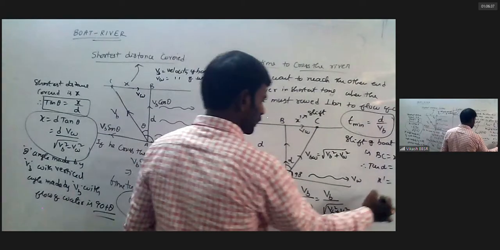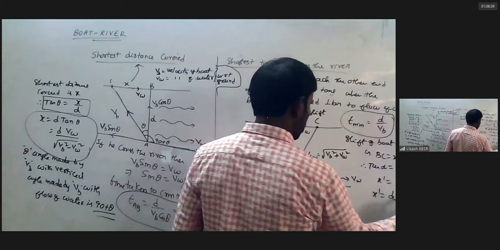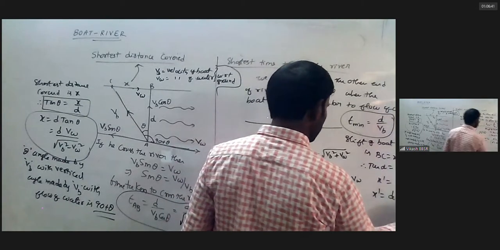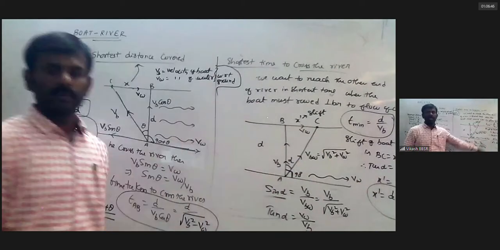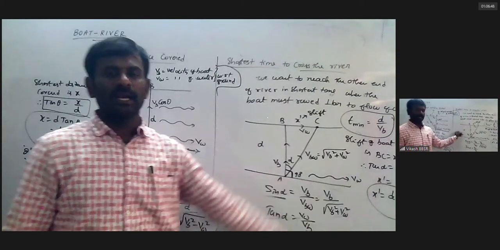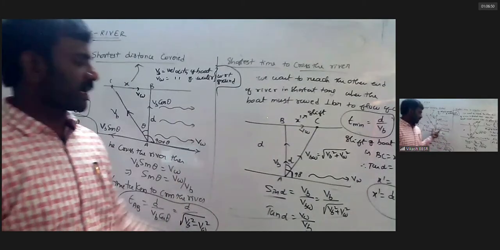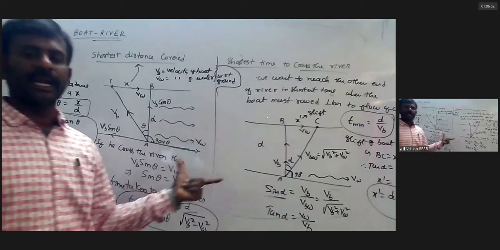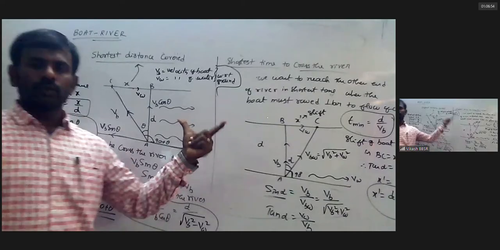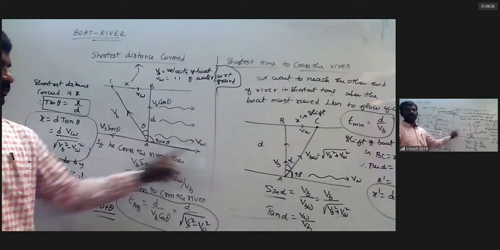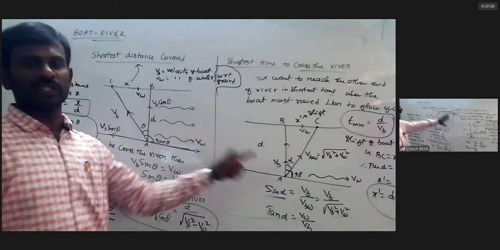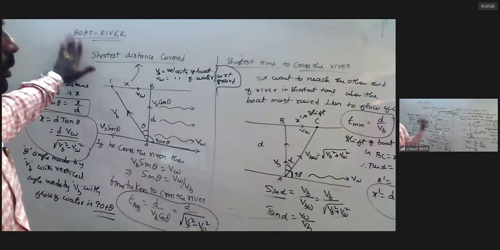So X dash equals D into vW upon vB. Standard model, very important. Concept only decides solving the numericals in any type of exam. These type of questions only go to the right. Keep remembering.